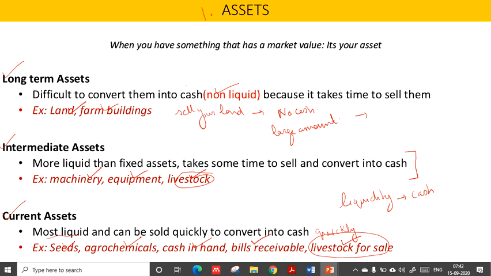It might take many months or even years to sell that asset and convert it into cash. So assets are of three types, current, intermediate and long term, based on the ease with which you can convert them into cash.